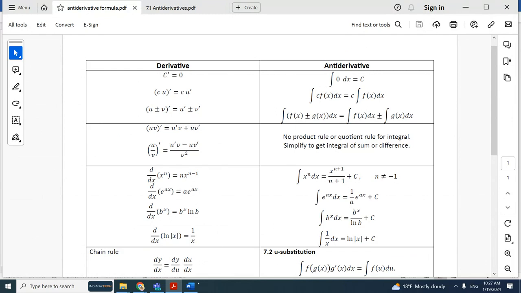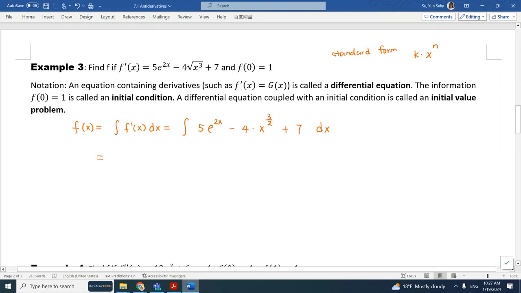So what's the integral of 5e to the 2x? It's 1 over 2. The constant multiple 5 stays here. When we take the derivative, we multiply by 2, but when we integrate, we divide by 2. Okay, that's the first term.